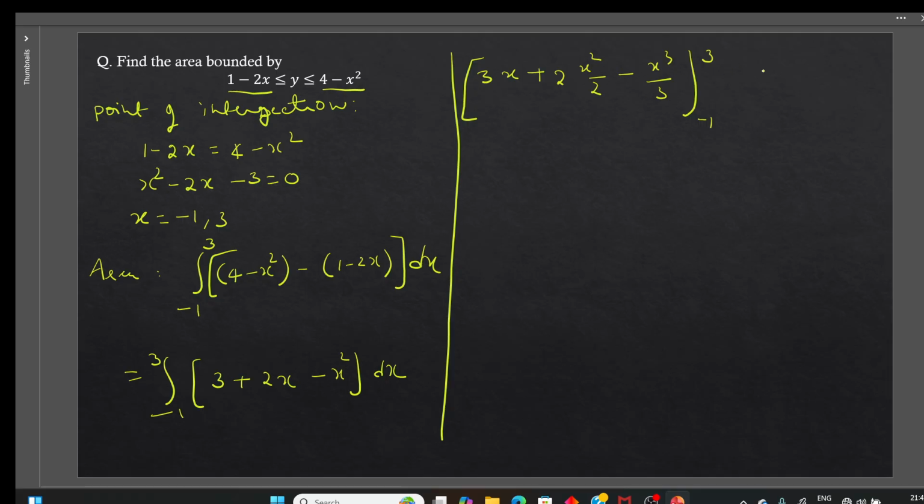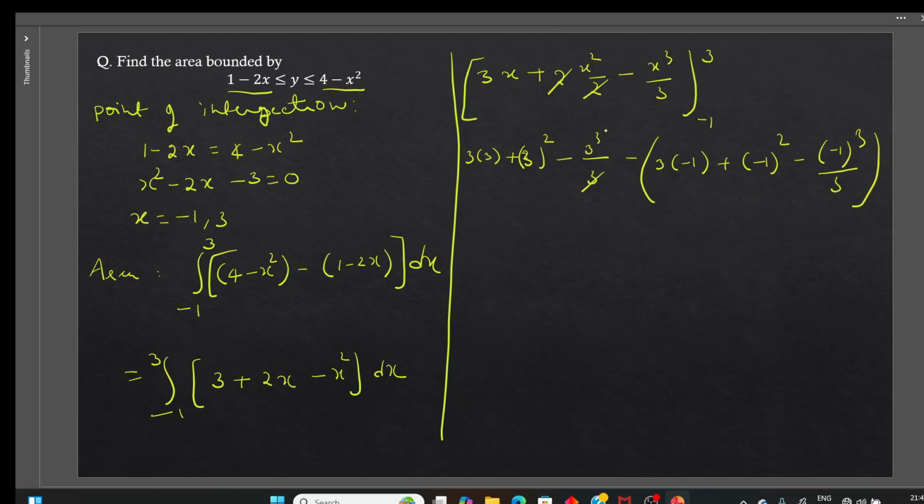So simplify this using the formula. Here 3 of 3 plus x square, which means 3 square, minus 3 cube by 3, minus, now substitute the lower limit values: 3 of minus 1 plus minus 1 whole square minus (minus 1) whole cube by 3. Here 3 cube by 3 is 3 square. So 3 square.